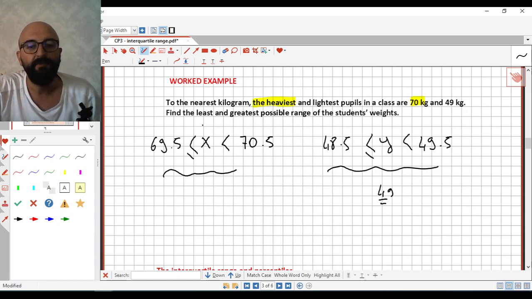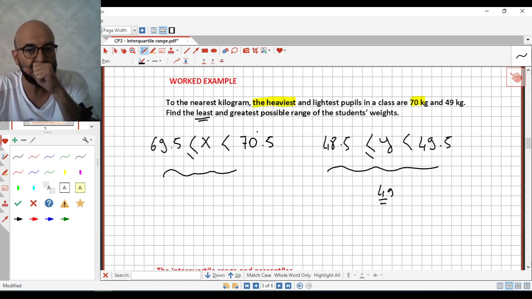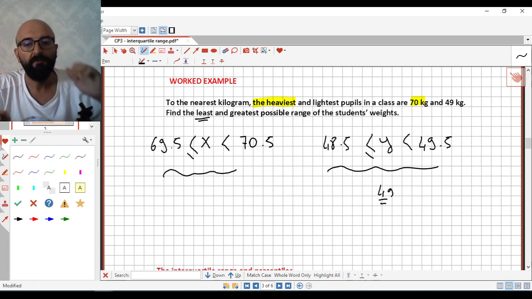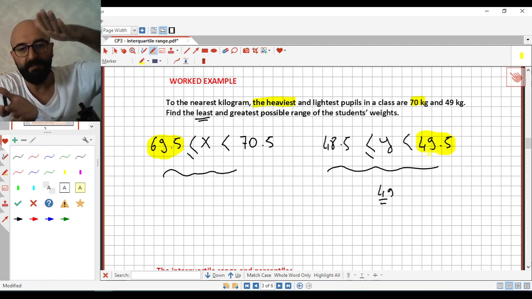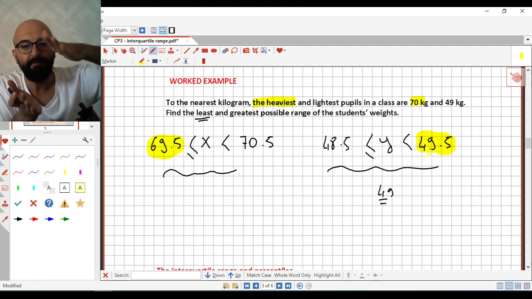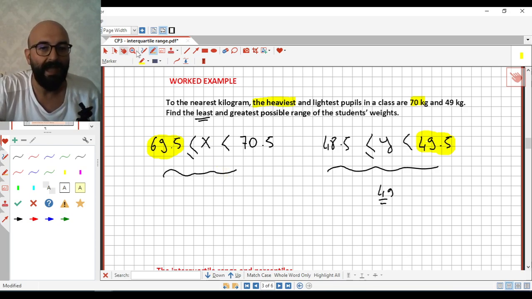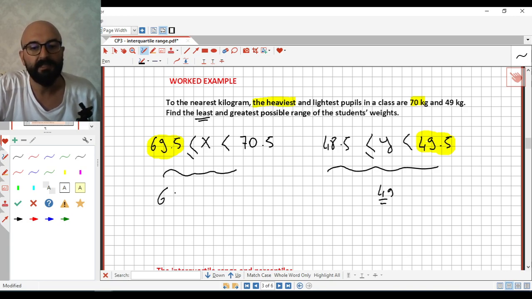Okay, and if we want to find the least possible range, we should take the lower boundary for one pupil and the upper boundary for the other pupil, so our gap will become very short. This process is 69.5 minus 49.5, it becomes 20.